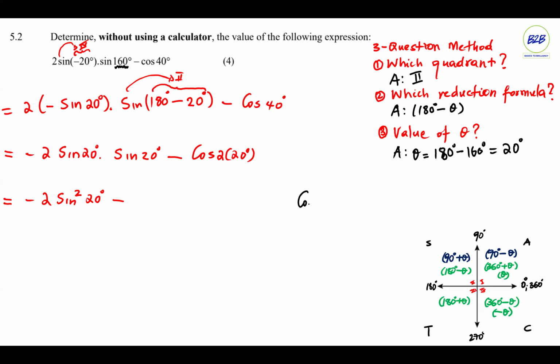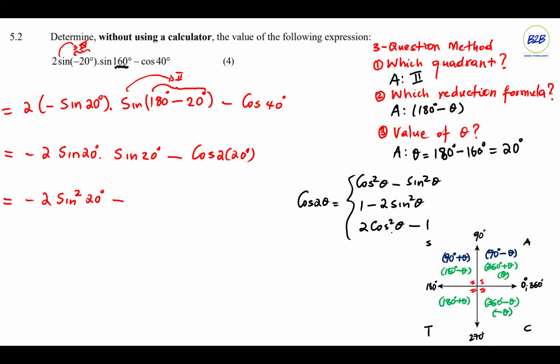But previously in episode 1, we studied that actually there are 3 expressions of the double angle of cos. The first one is cos squared theta minus sine squared theta. The second one is 1 minus 2 sine squared theta. The third one is 2 cos squared theta minus 1.